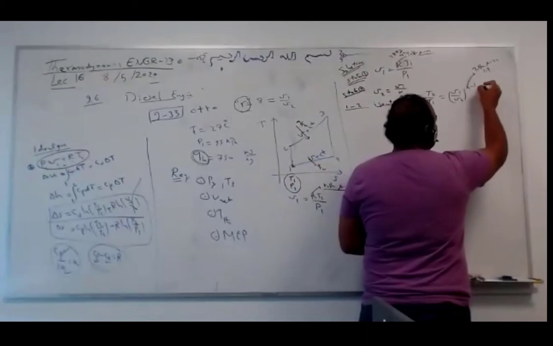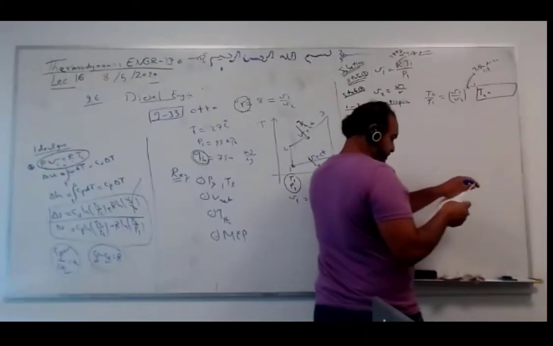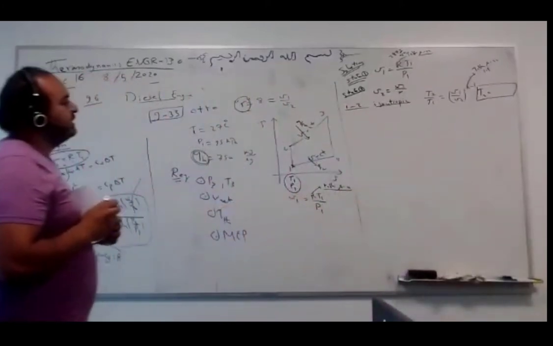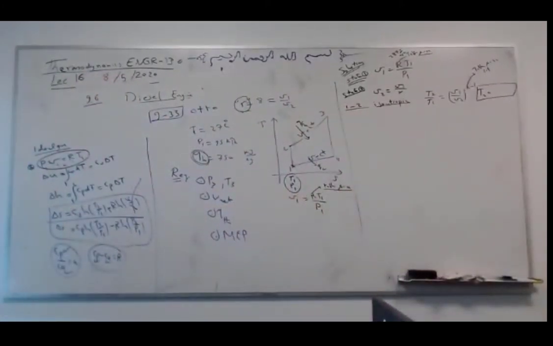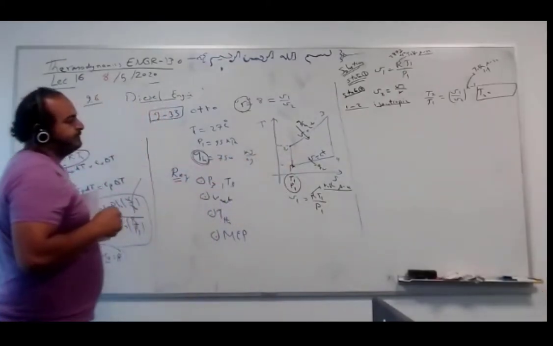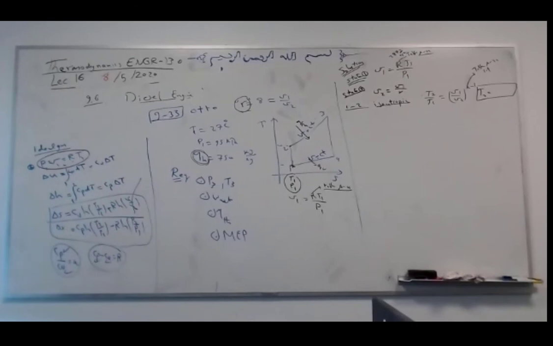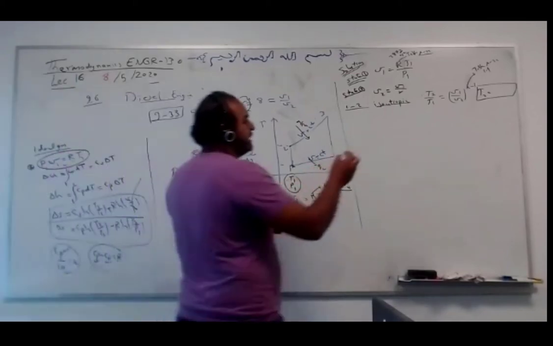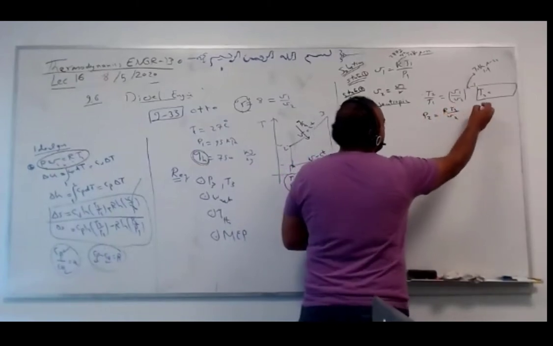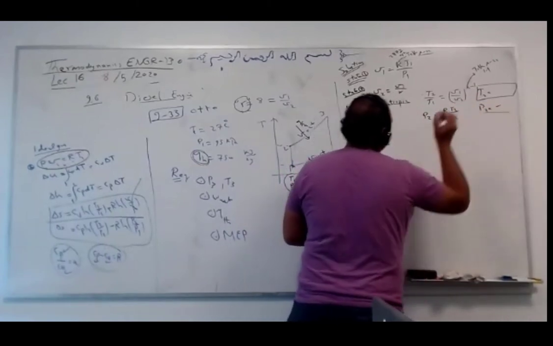It's higher than T1. It's compression, getting higher pressure and higher temperature, isentropically. So you can get, for example, P2. P2 equals RT2 over V2, if you want.